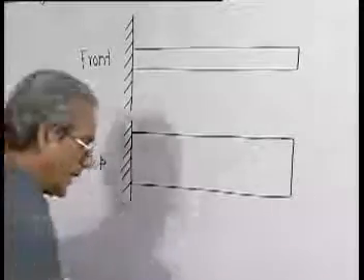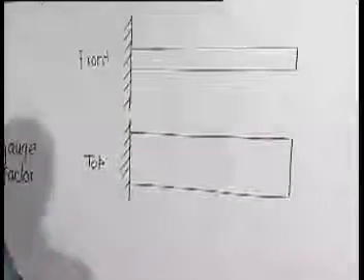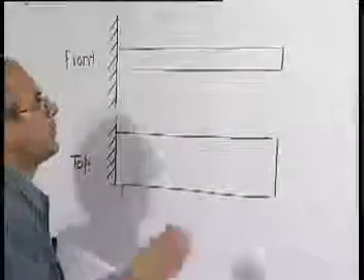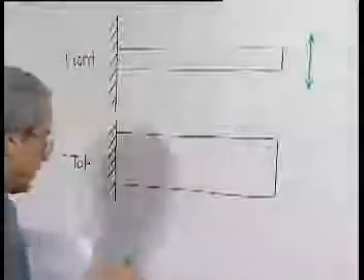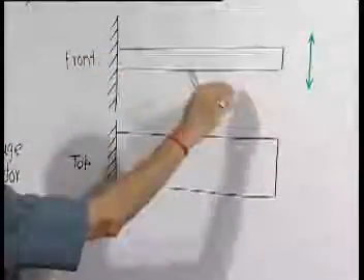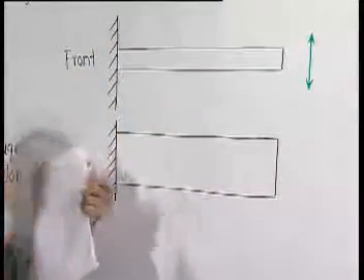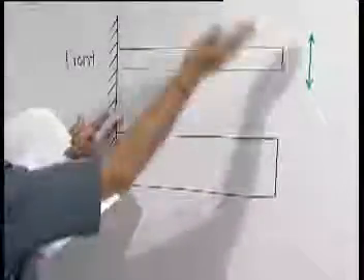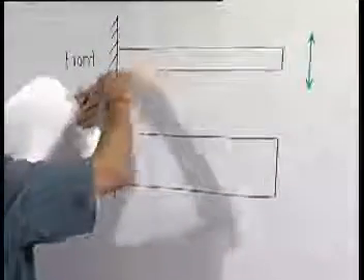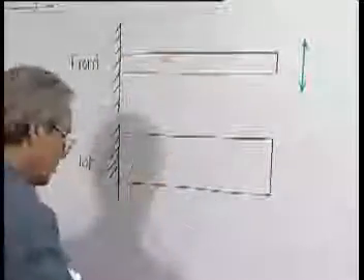Now when it vibrates, vibrating means it bends in the transverse direction. It stretches like this when it goes down, so the outer surface will be extended and the lower surface will be compressed. Similarly, in its upward half cycle, this will be subjected to tension and this will be subjected to compression.